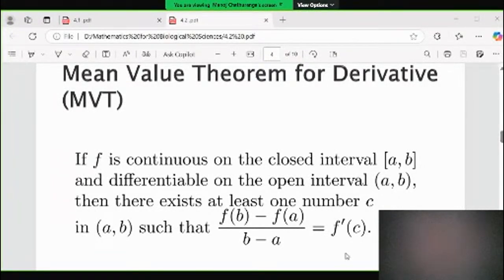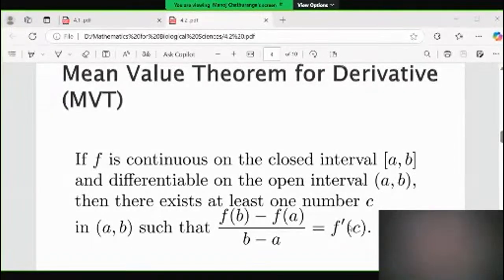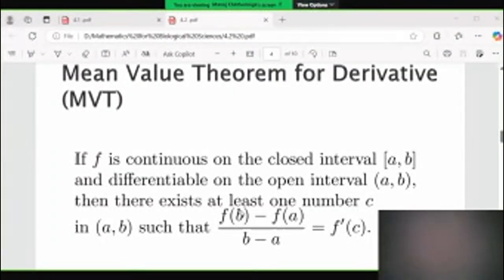In that case, there is a number c so that the derivative at c equals this ratio. What is this ratio? This is the difference of function values at the endpoints divided by the difference of x coordinates. So the y coordinate difference divided by the x coordinate difference. This is the slope of something.